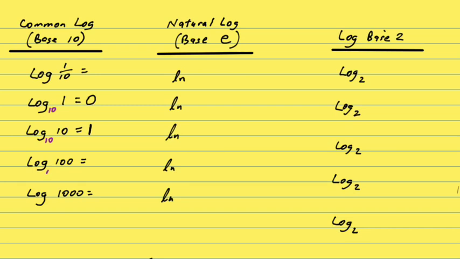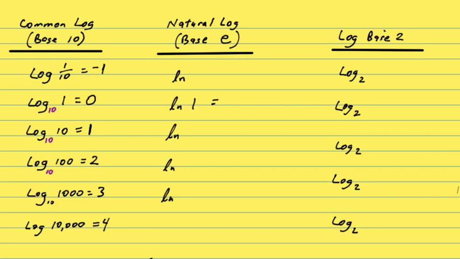So 10 to what power is 100? 10 to what power is 1,000? 3. 10 to what power is 1/10? -1. So what do you think the log of 10,000 is? You might notice a pattern. 4.